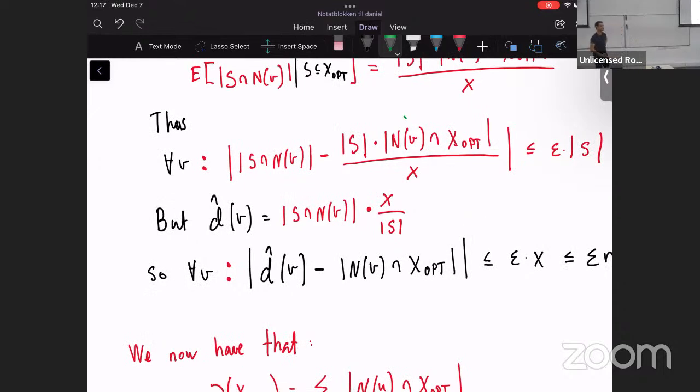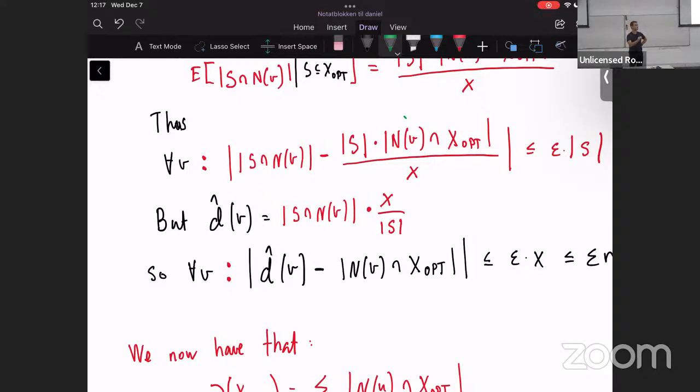Ignore the algebra and just listen to the moral, and then you can go back and do the algebra yourself. It's good to do the algebra yourself, but the interesting thing that's going on is that if every estimator is sufficiently close to the correct degree, where sufficiently close means epsilon s, right? If you're off additively by epsilon s, then the degree estimators will be off from the correct degrees by epsilon n.